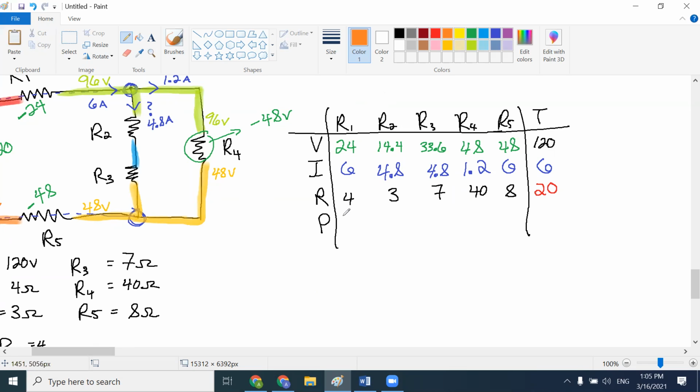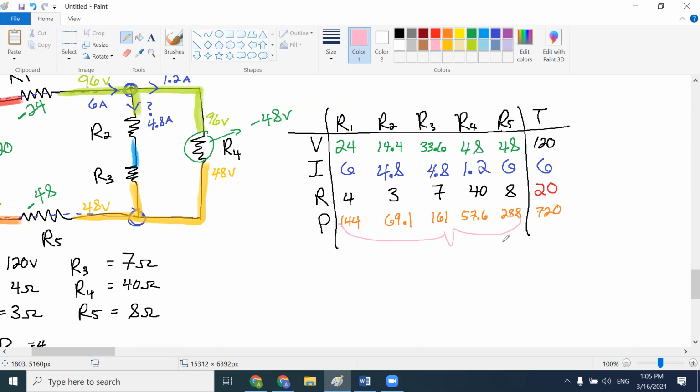24 by 6. 144. 14.4 by 4.8. That's 69.1. 33.6 by 4.8. 161. 48 by 1.2. That's 57.6. 48 by 6. That's 288. 120 by 6. That's 720.